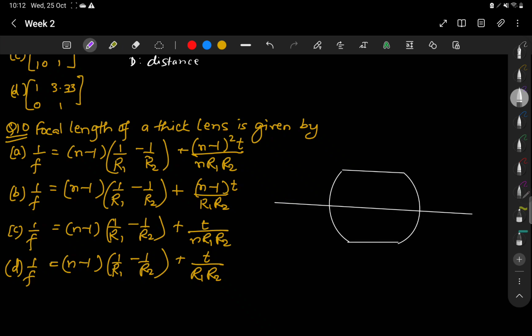So if we have some ray, then it encounters refraction at the first surface, and then refraction at the second surface.